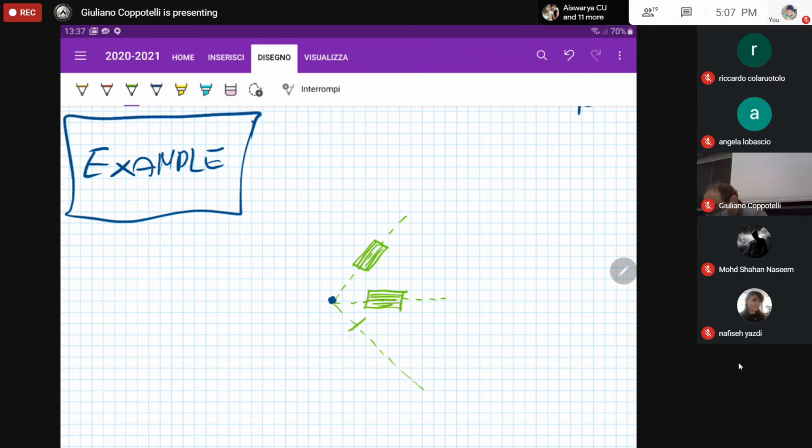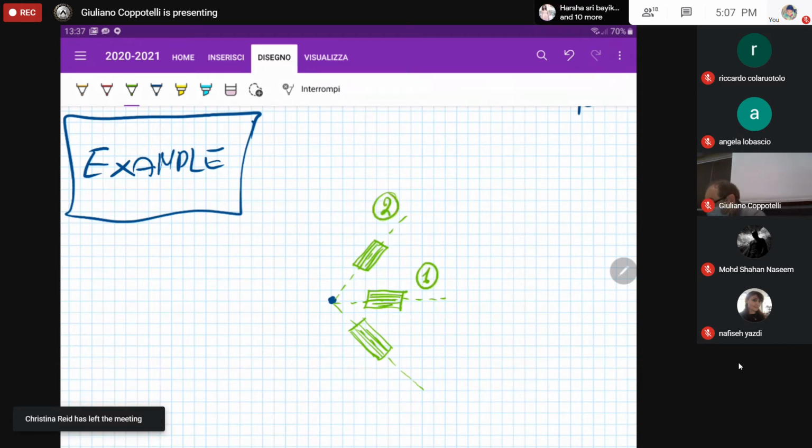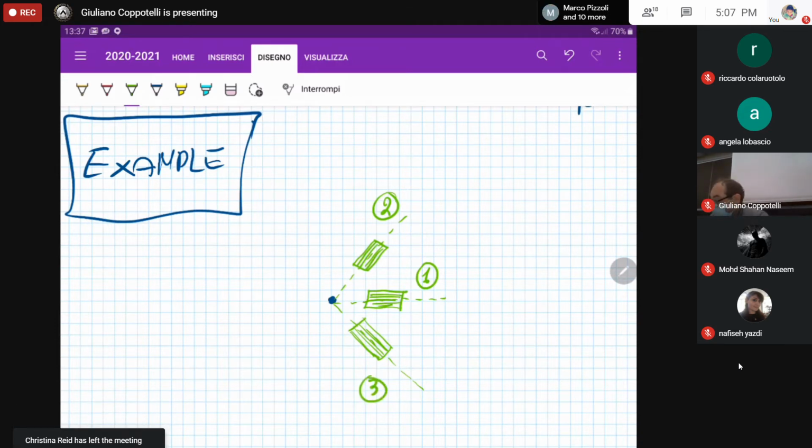I am emphasizing that, so they are sort of magnified. This is strain gauge number 1, that is strain gauge number 2, and the last one, strain gauge number 3.